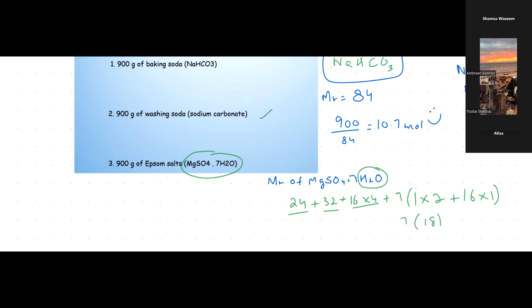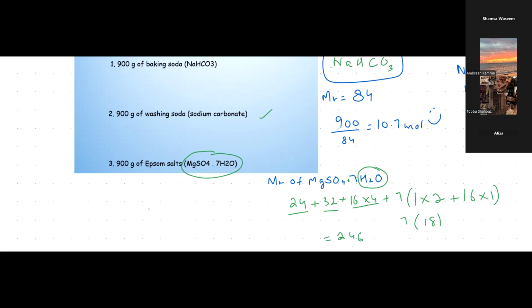Yes. So when we add it up, what are we going to get? So 32 plus 64 plus, we should get 246, right? Are you getting the same, girls?